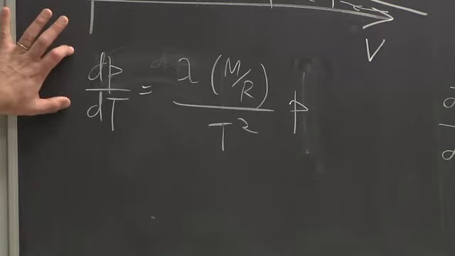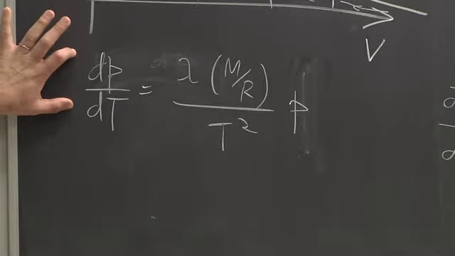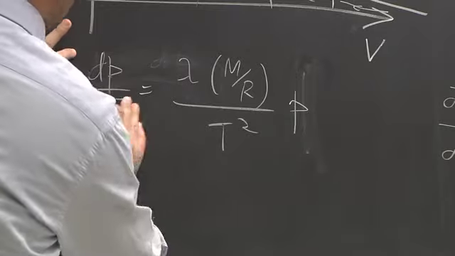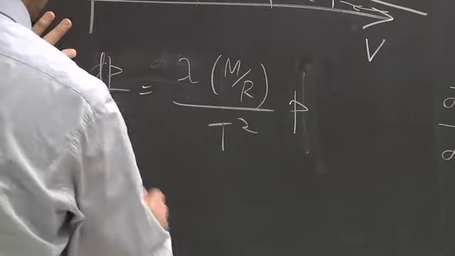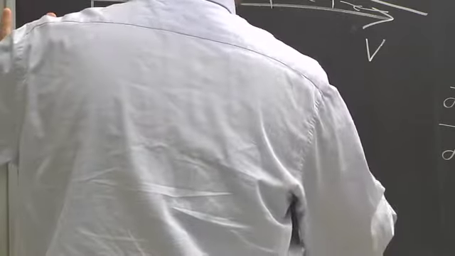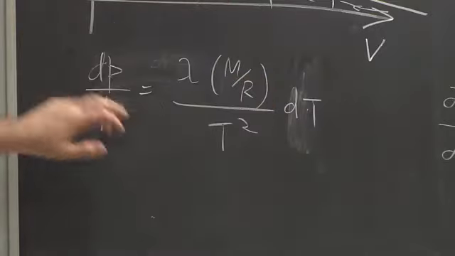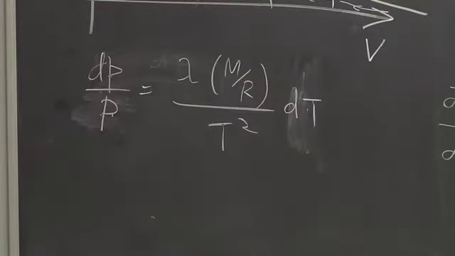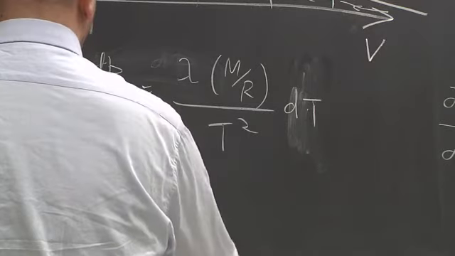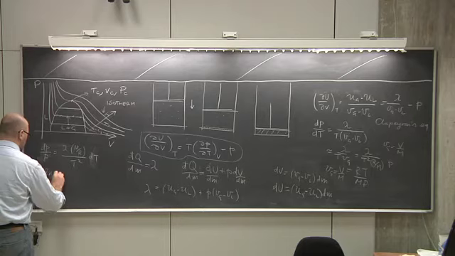How can I solve this differential equation for P as a function of T? We separate the variables. So we write dP over P is equal to lambda m over R T squared. So this is the differential of the logarithm.